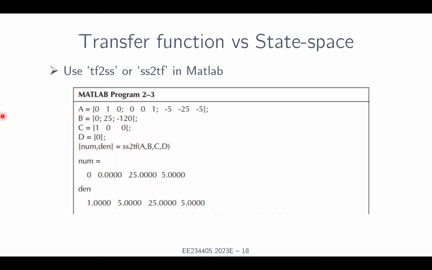This is the order of the numerator: starting from the back, it's 5 plus 25s plus 0s squared plus 0s cubed. And the denominator is 5 plus 25s plus 5s squared plus s cubed. So from this expression of the numerator and the denominator, we can directly construct the transfer function, which is (25s plus 5) over (s cubed plus 5s squared plus 25s plus 5).